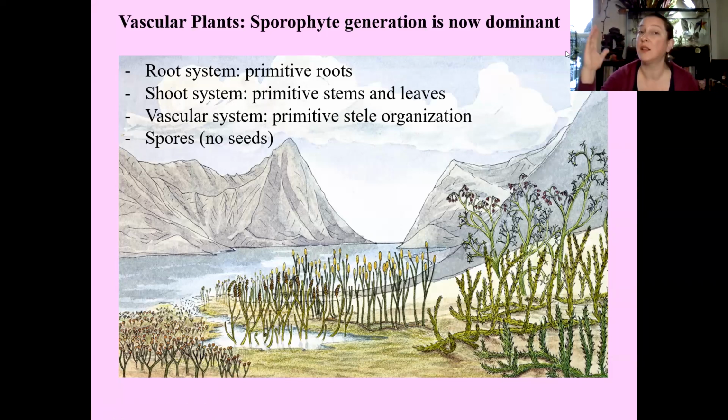One big change is that the sporophyte generation is now dominant, but as the plants first start to get vascular, you're not going to have fully developed organs right away, right? You're going to have more primitive roots, primitive stems and leaves, and a more primitive vascular system. And no seeds yet, right? We're still working just with spore-bearing plants.